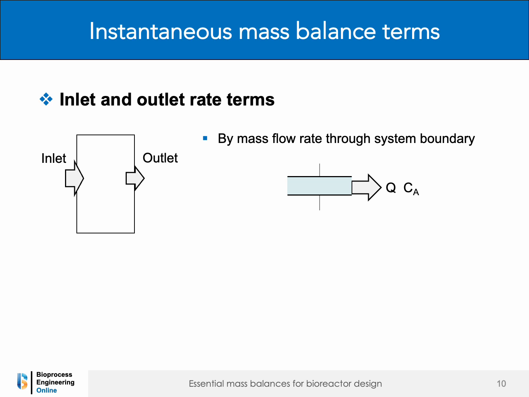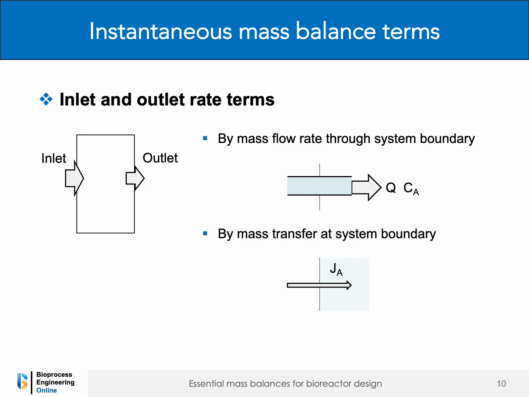Inlet and outlet rate terms represent the rates at which the mass of a component crosses the system boundaries. For bioreactors, these terms are most commonly associated with an inlet or outlet flow stream containing component A. For example, when a volumetric flow rate Q, in liters per minute, enters or leaves a bioreactor containing component A at concentration CA, the inlet or outlet mass rate is given by Q CA.